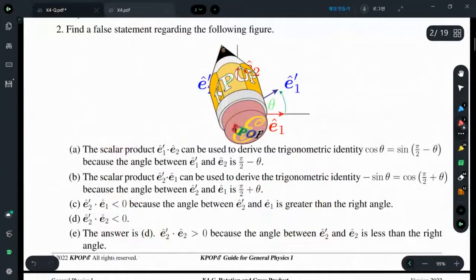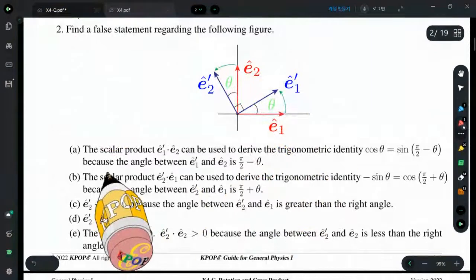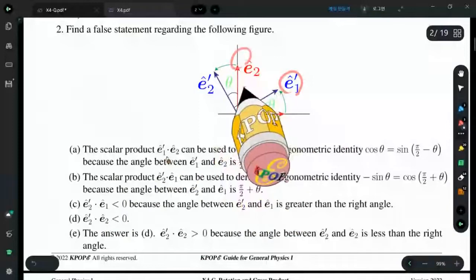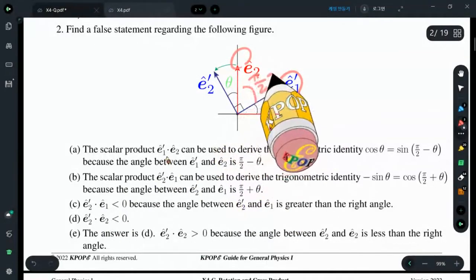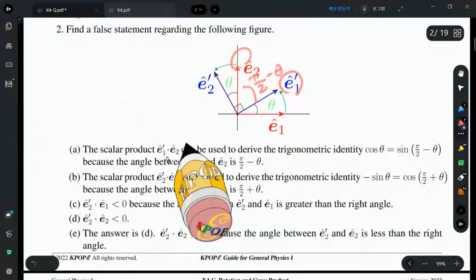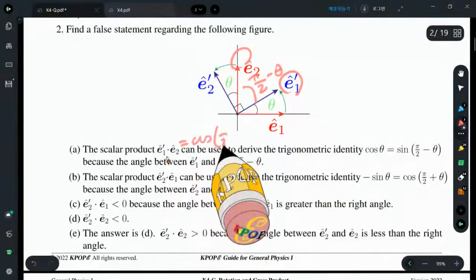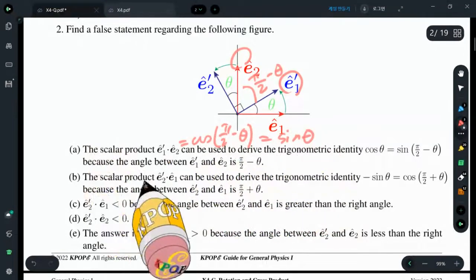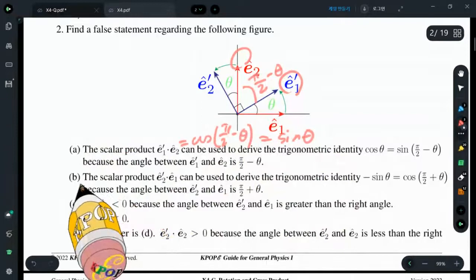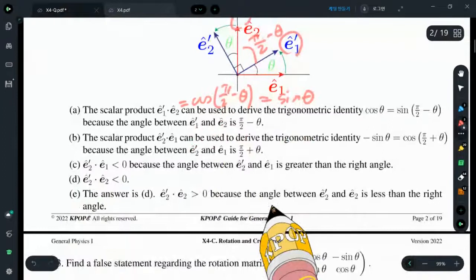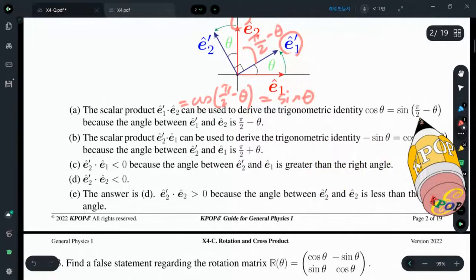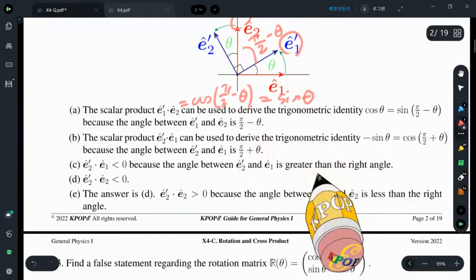But the first statement regarding the following figure, scalar product E1 prime, E2, this is a half of pi minus the theta. So this one is a cosine, this, that is a sine theta. Used to derive trigonometry. Right. This is the same.